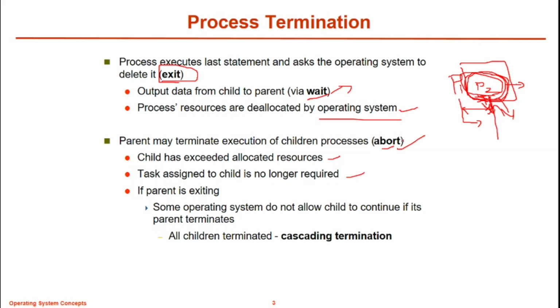If the parent terminates due to some function or some interrupt, since the parent no longer exists, the child process gets terminated by the operating system. All children are terminated: cascading termination.